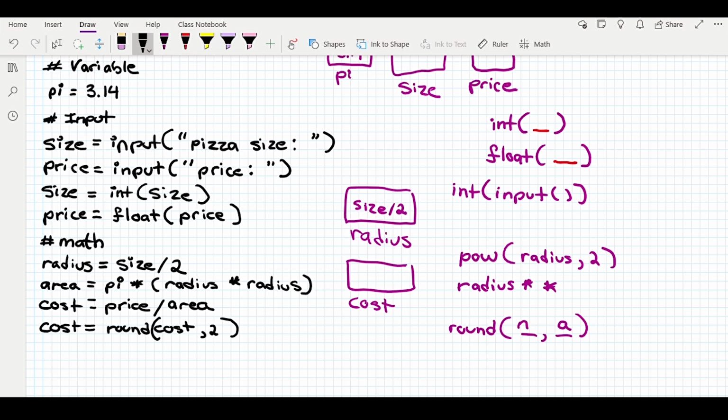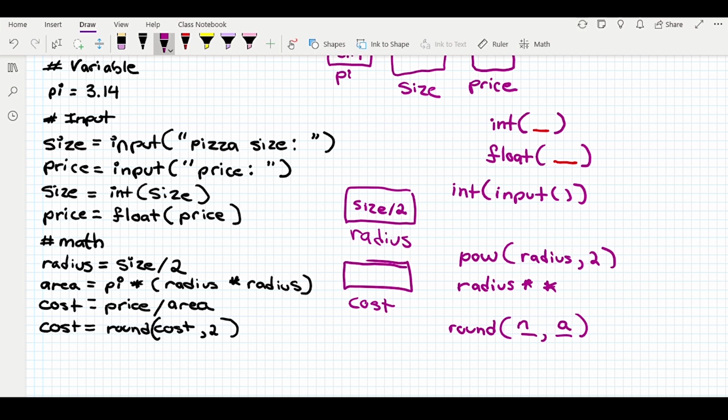So now whatever value was inside of cost, it could have been 1.2345, and let me write that down so I don't forget it. 1.2345. But when I put it through the round function, it then gets updated to 1.23 probably. So that is the round function. Uh-oh, I just deleted the memory. Let's bring that memory back.